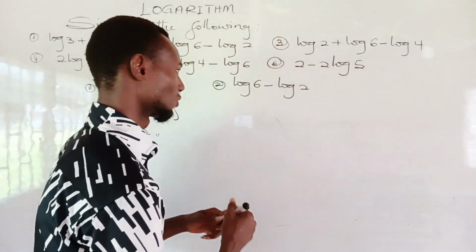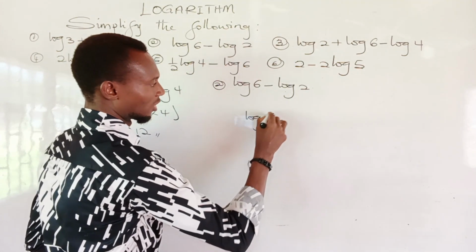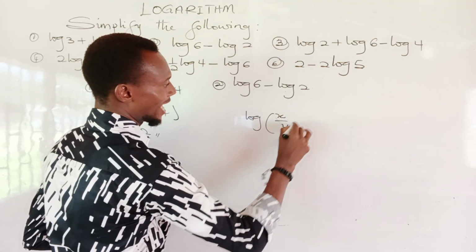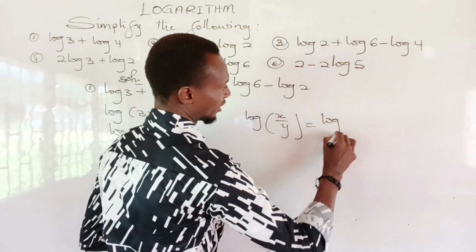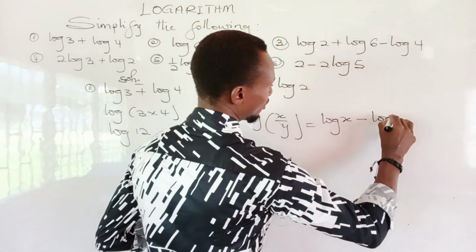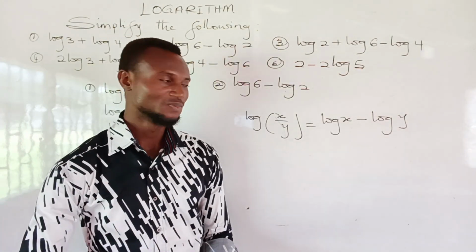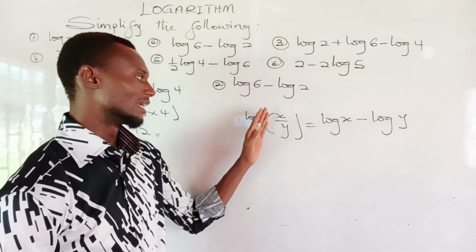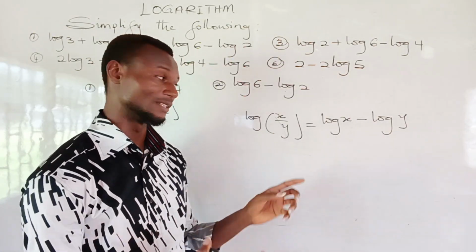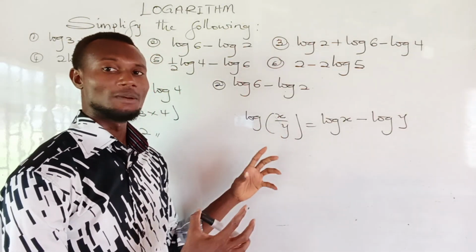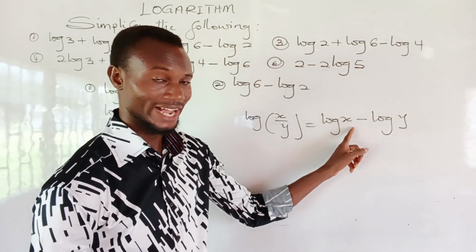With the quotient rule, we said that if we have log s over y, it can be written as log s minus log y. So that is what we learned in the previous videos. All that it says is s divided by y, because quotient means division. So s over y. Now the log will affect the s, so that's why I have log s here.